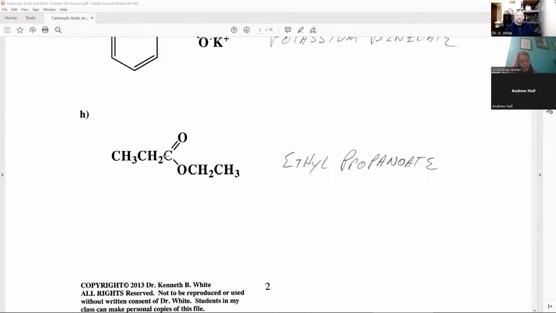And then when this is all non-aromatic, using the method a student I had came up with, which is better than IUPAC for this, even though you really can't use it for IUPAC all the time, find how many carbons in the longest chain with the carbonyl carbon, 3, drop the E of the alkane name propane, add OATE. And that would be ethyl propanoate.